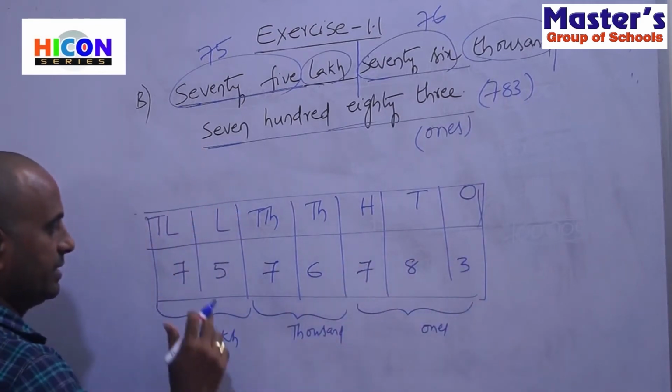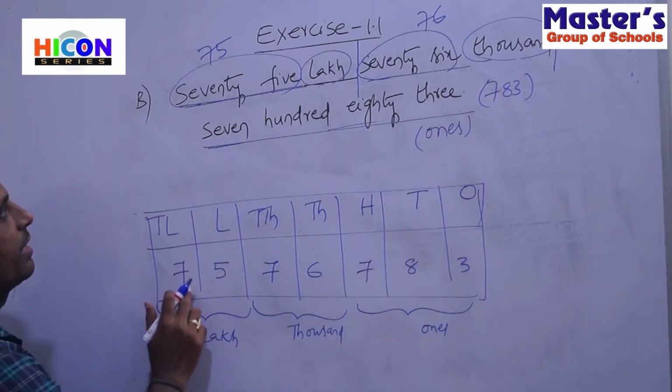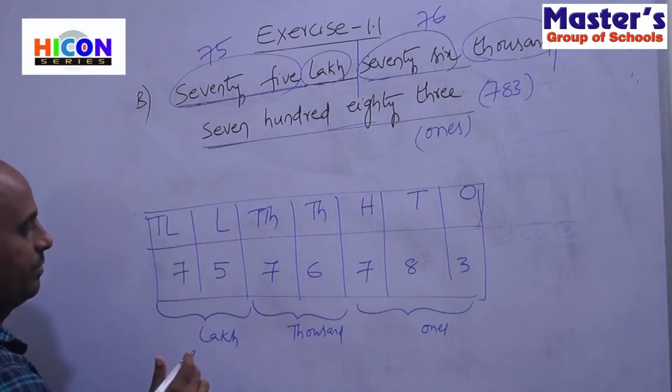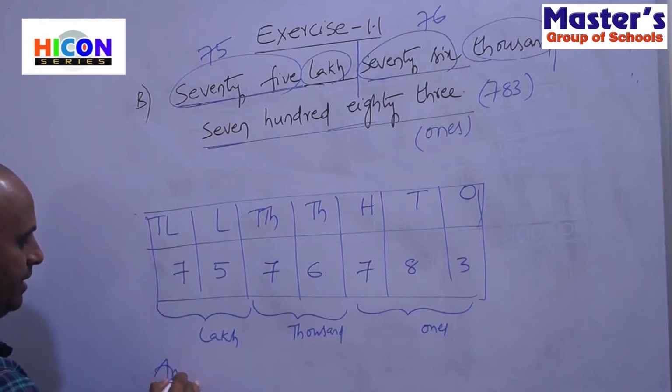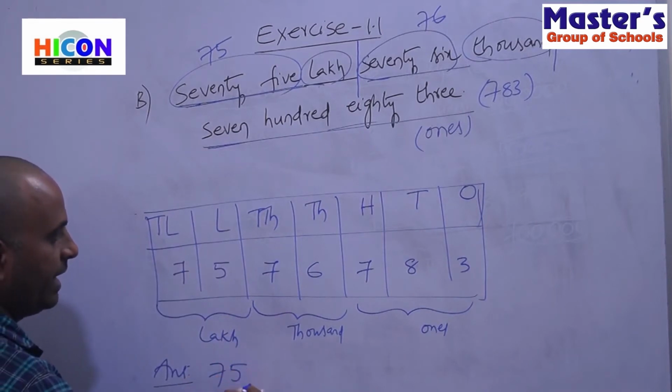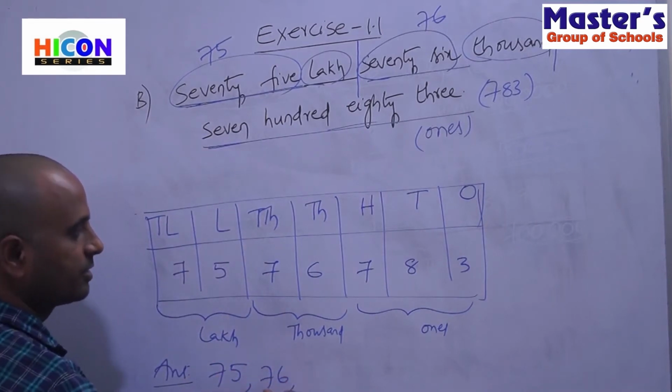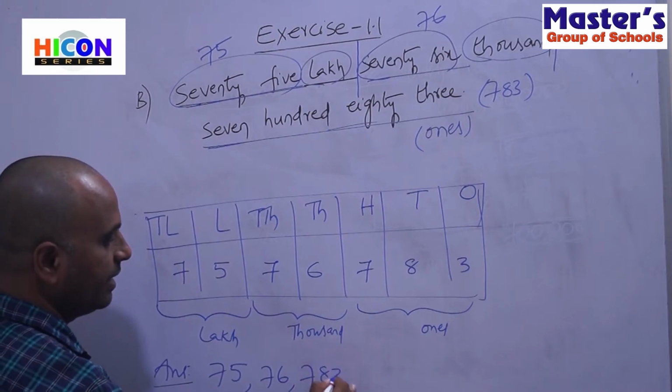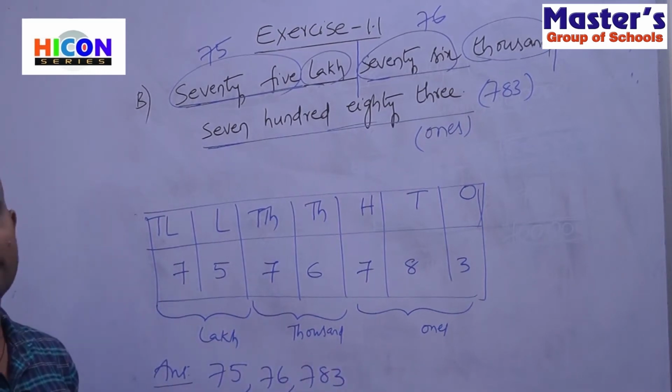So this is the number we require for the given number name. The answer is 75 lakhs 76,783.